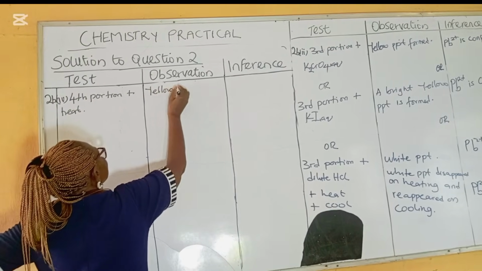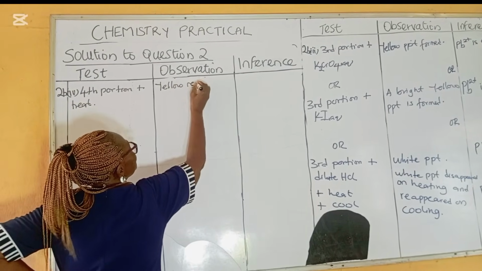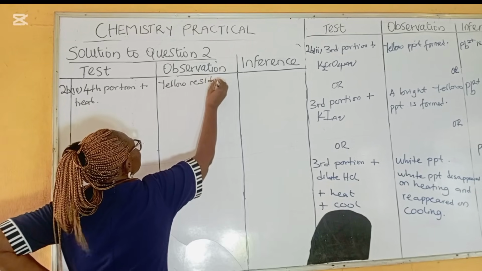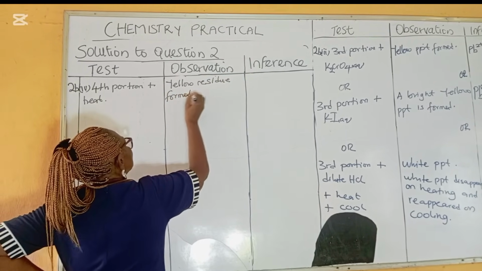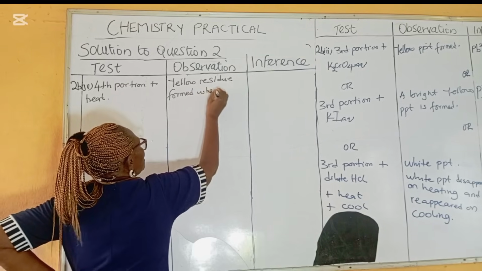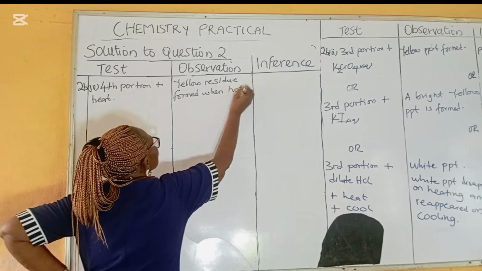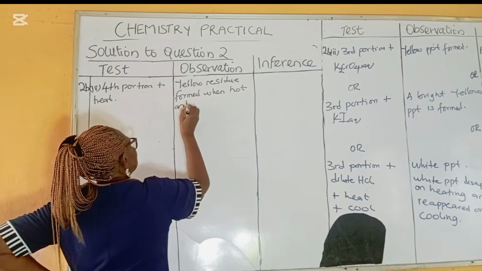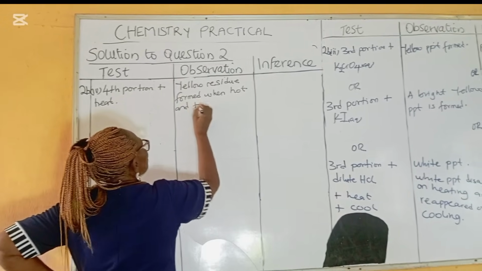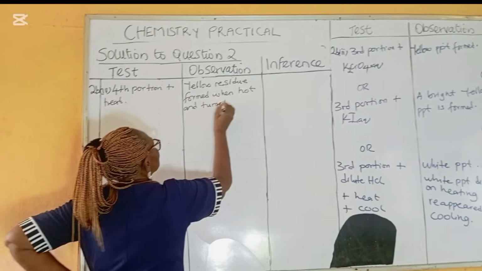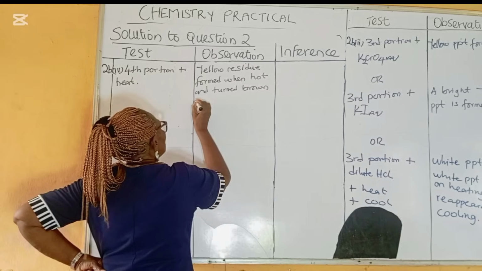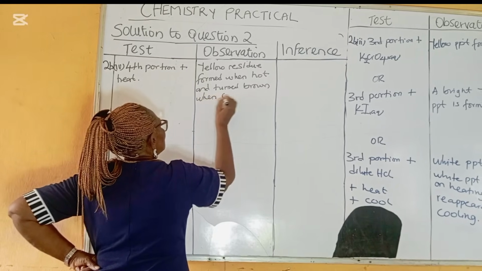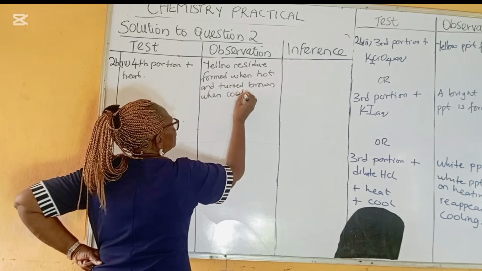Yellow residue formed when hot and turned brown when cool.